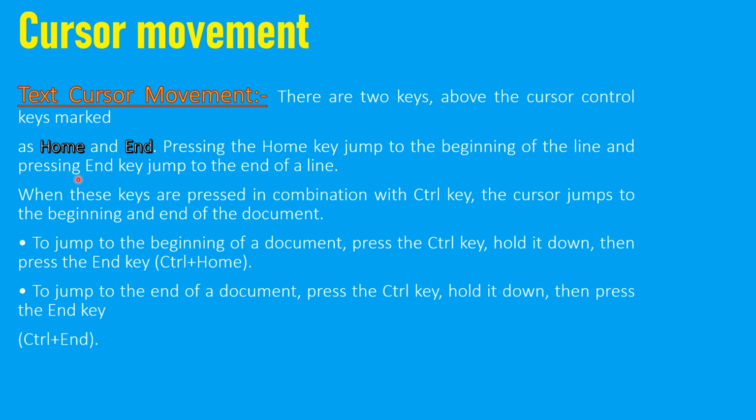But when you use a key combination with the control key, then they work differently. So if you press the control key with home, then it will jump to the beginning of the document. And if you press the control key with the end key, or you can say the combination Control plus End, then it will jump to the end of the document.